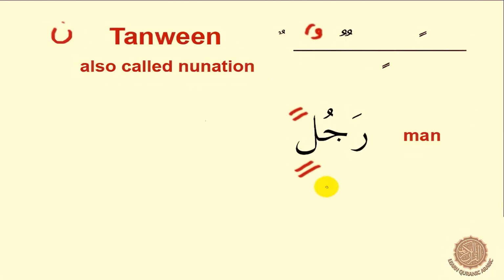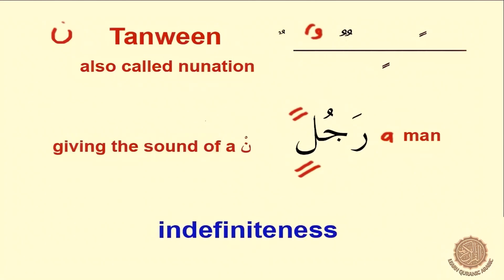So either rajulun, rajulan, or rajulin. They all indicate a man. So the main usage of Tanween is indefiniteness. It's giving the sound of a Noon with a sukoon at the end of the word.